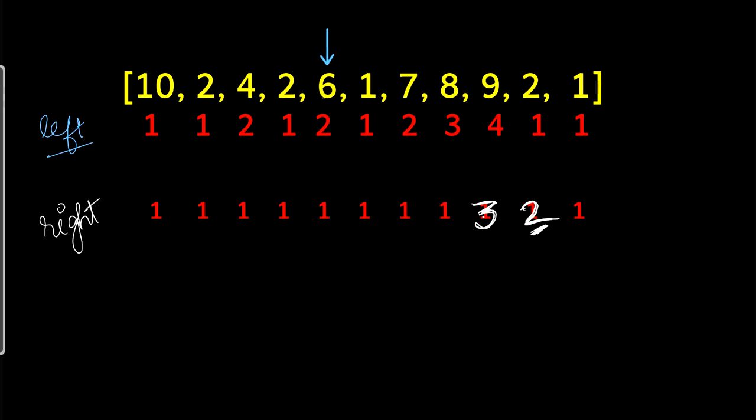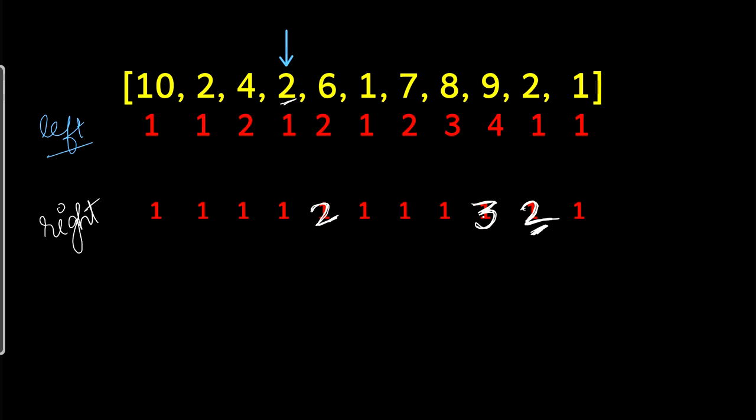Then for the next child, 6 rating. 6 rating is greater than its right neighbor. So what I'll do, I'll take the right child's candy. As 6 rating is greater than 1, this child should get more candy as compared to its right neighbor. So 1 plus 1 will be 2.